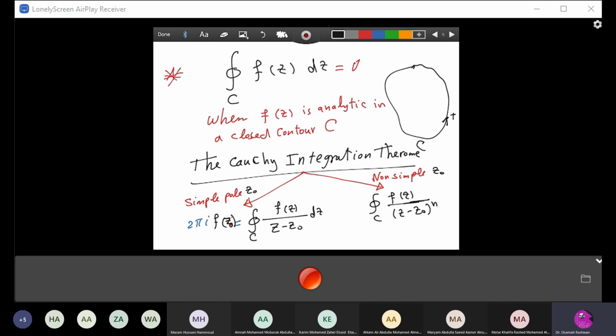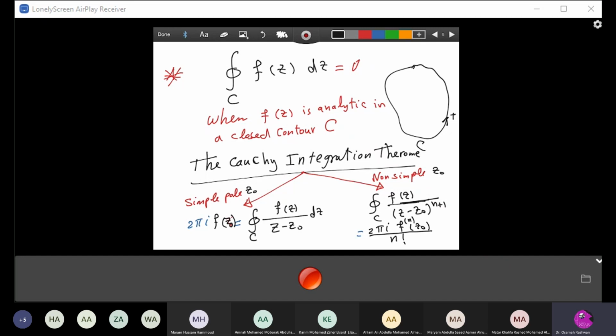Okay, so what is the value of this one? This is a general case, yes. It is better to write here n plus 1. Why am I writing n plus 1? To have a nice shape for my result: it is 2 pi i times the n-th derivative of f at this non-simple pole, over factorial n.